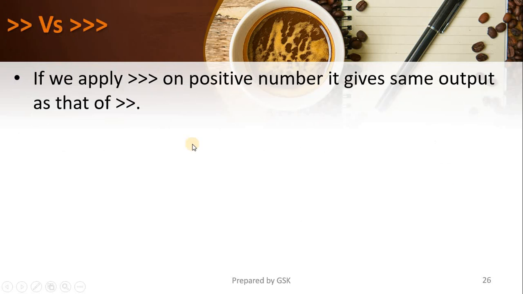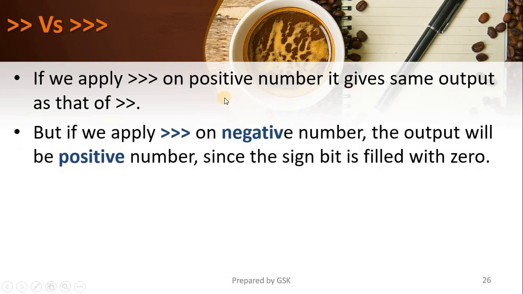Observe the difference between the right shift operator and the unsigned right shift operator. If we apply the unsigned right shift operator on a positive number, it gives the same output as that of the right shift operator. But if we apply the unsigned right shift operator on a negative number, the output will be a positive number.